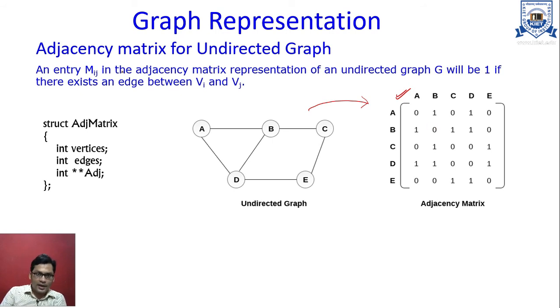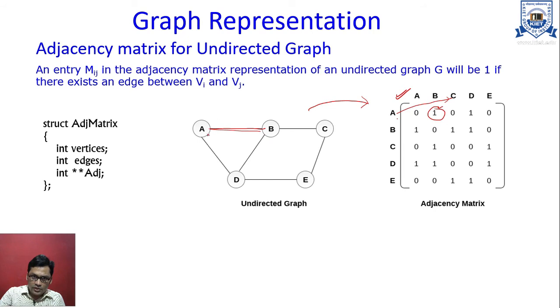In the adjacency matrix representation of an unordered graph G, an entry M[i][j] in this matrix will be 1 if there exists an edge between Vi and Vj. Suppose I take the example A to B. A to B is an edge, so we put 1 here.